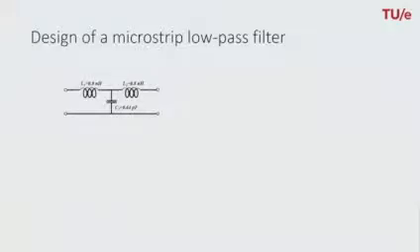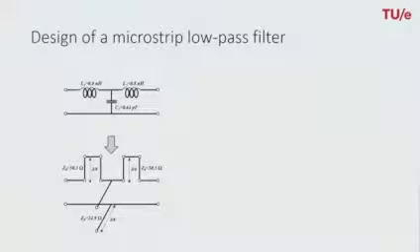In order to construct a microstrip version, we need to transform the lumped element filter using Richards' transformation to a transmission line version, which we have seen before. So we have two series shorted stubs, and in between we have an open shunt stub.